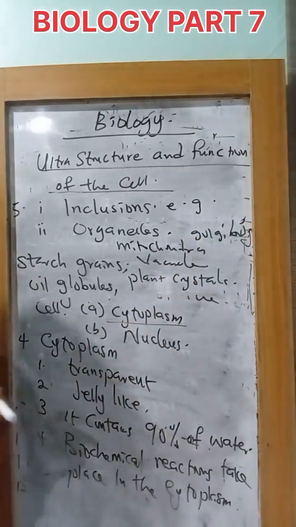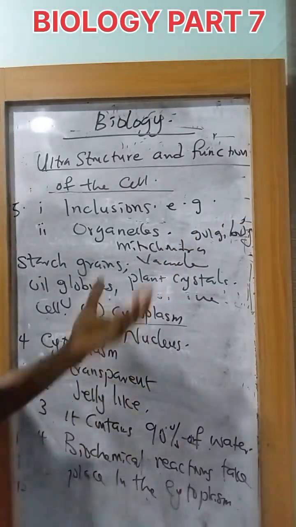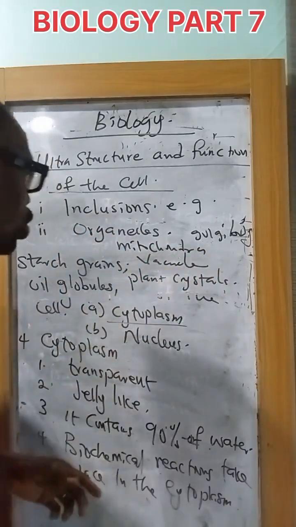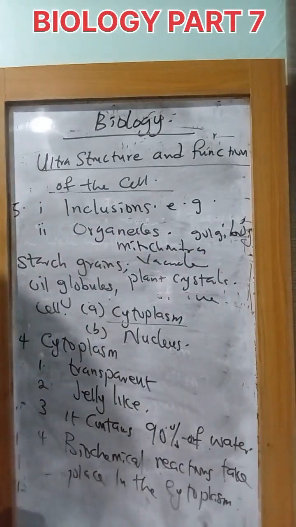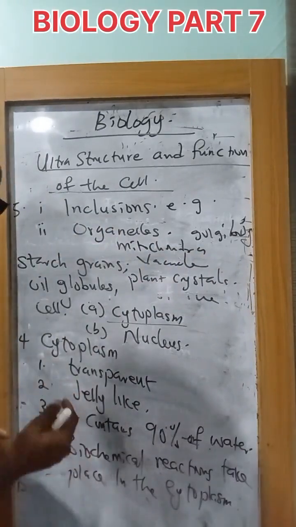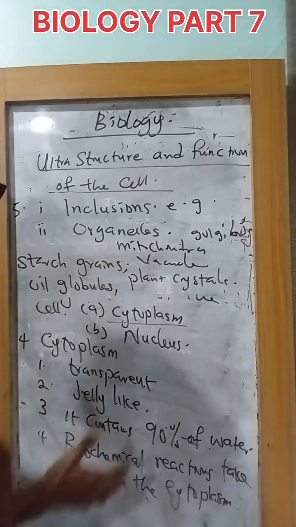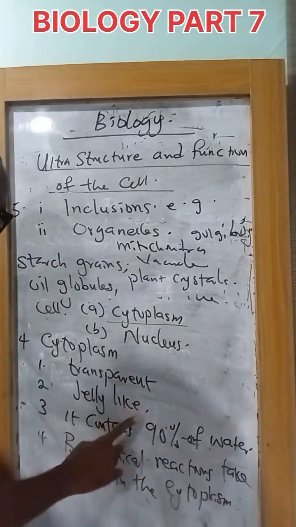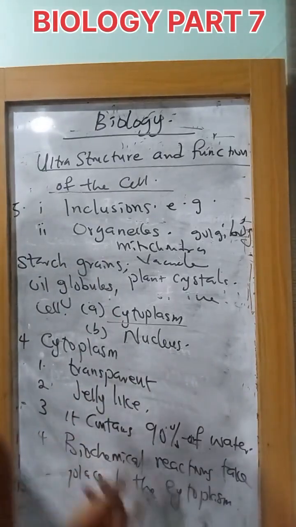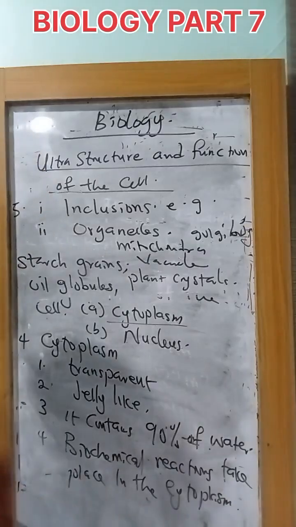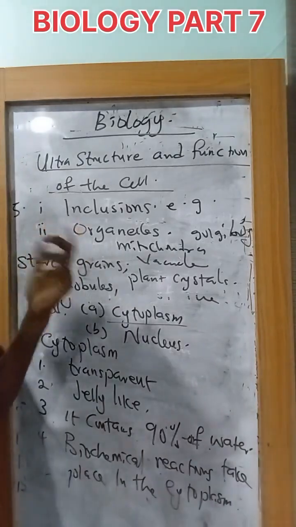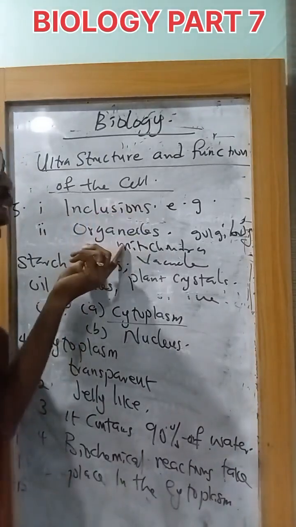These are organelles found inside of the cytoplasm that carry out a specific function. So when we talk about the cytoplasm, don't forget we said that it is transparent, it is jelly-like, and it contains 90% water. The biochemical reaction takes place in the cytoplasm. And we also said that the cytoplasm is made up of inclusions and organelles.